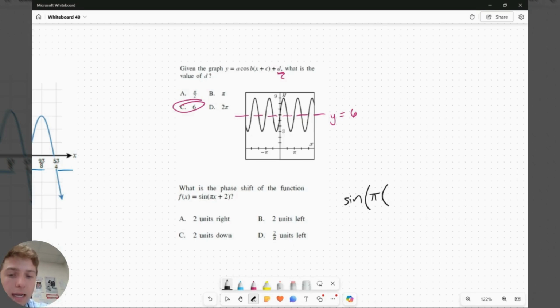So I can take pi out, meaning I divide pi out of each of the terms. I divide pi x by that value, and I divide 2 by that value as well. Now when I look at the horizontal translation, I end up noticing it is going 2 over pi units to the left.